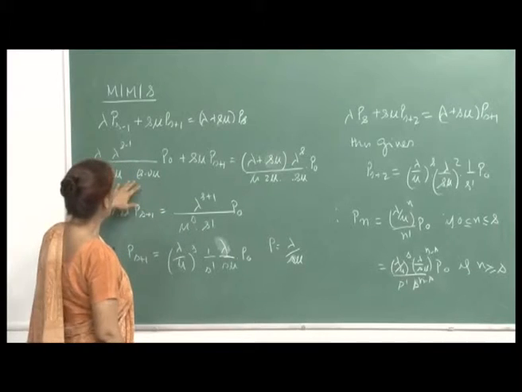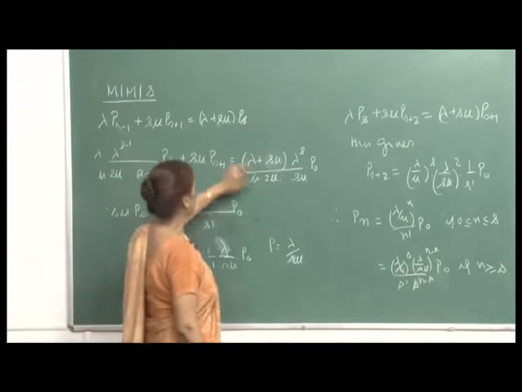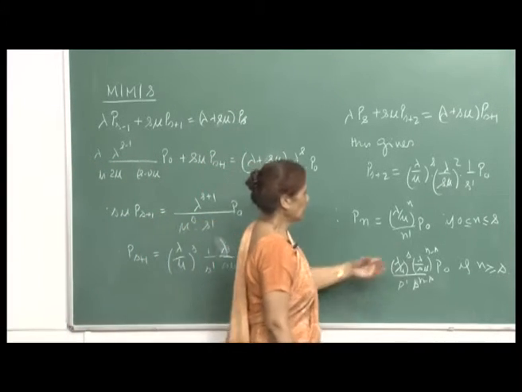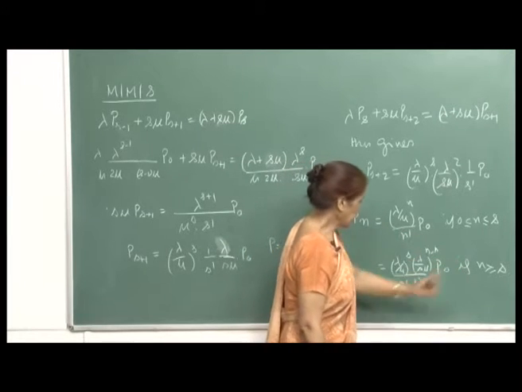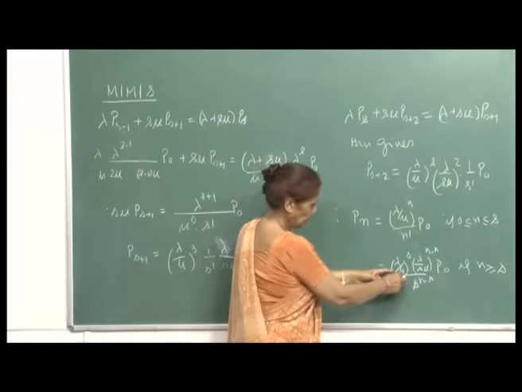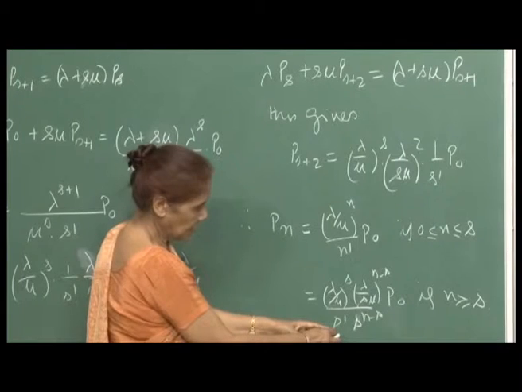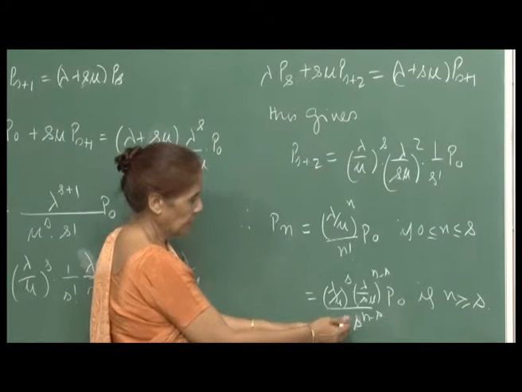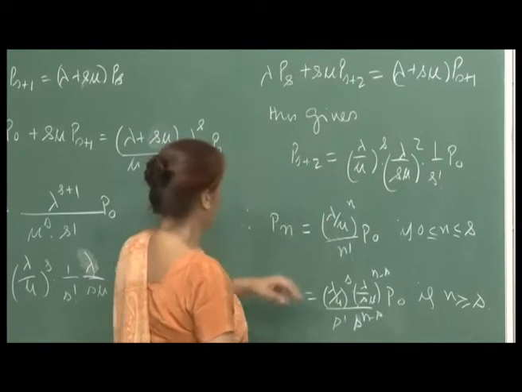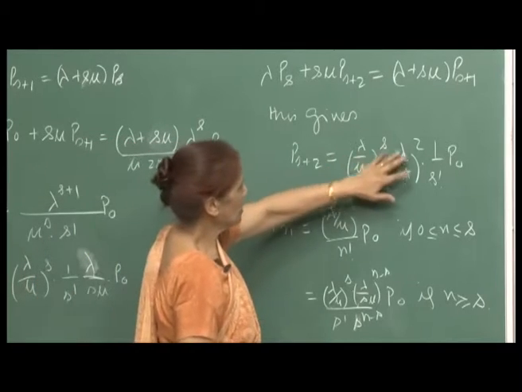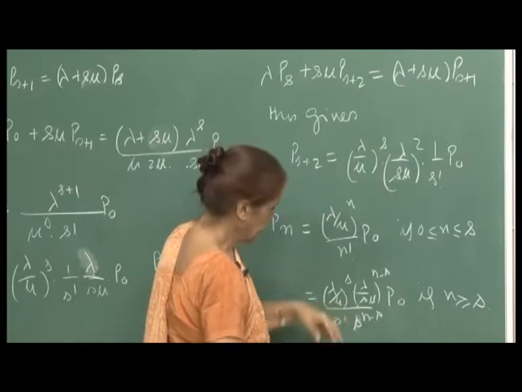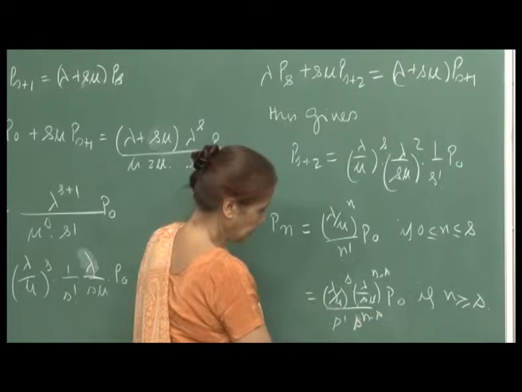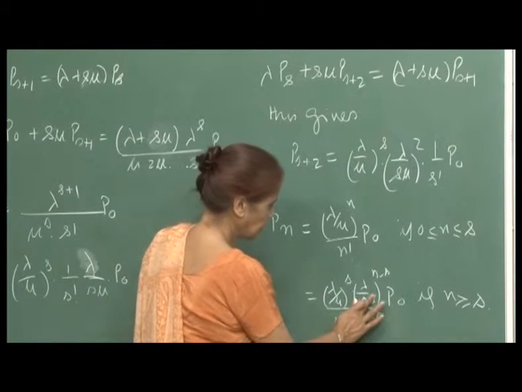That is what we were using here, right, and here for Ps. But for n greater than s, you are going to have (lambda by mu)^s upon s factorial, and then we have lambda by s mu to the appropriate power. So I am writing lambda by s mu.